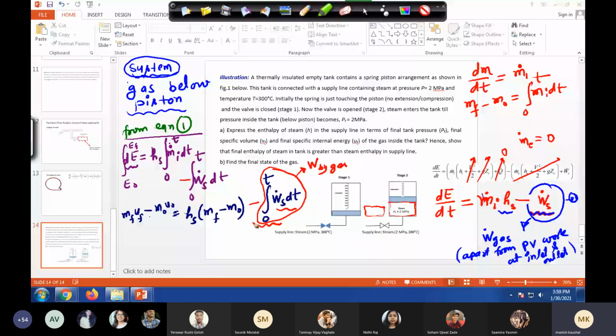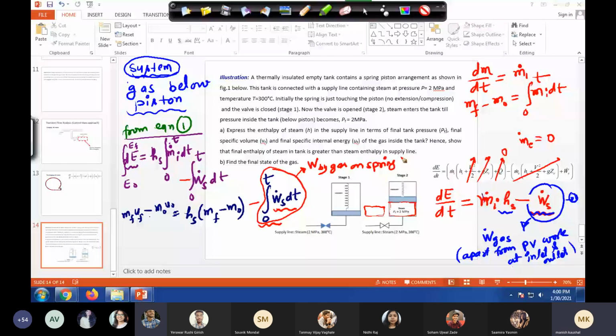Because you are just integrating the rate of work done on the spring, ultimately when we integrate from 0 to t, it is the total work done by the gas starting from time 0 to t. So can anyone help me? What will be the work done by the gas on the spring? Quickly, so that we can end this class in 3-4 minutes.